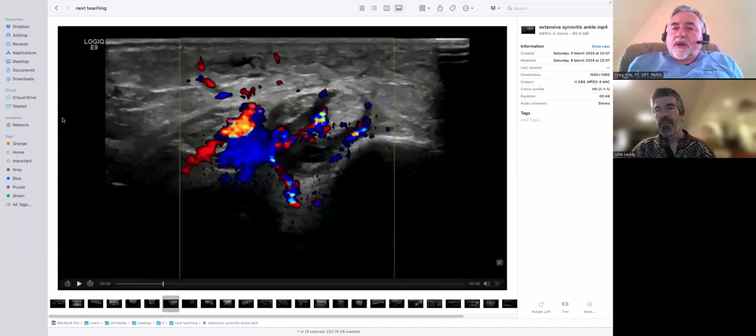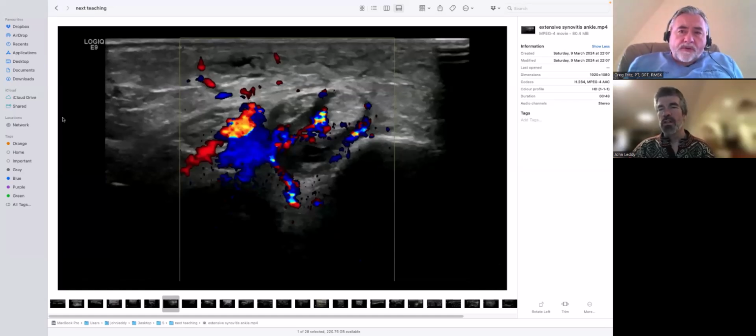When you say low, are you talking about to detect slow flow? Yes, small quantities of slow flow. So I'm detecting slow flow in structures that have very subtle vascularity, or more often because when you're looking for vascularity, there's usually plenty. When you see it, there's usually plenty of it.